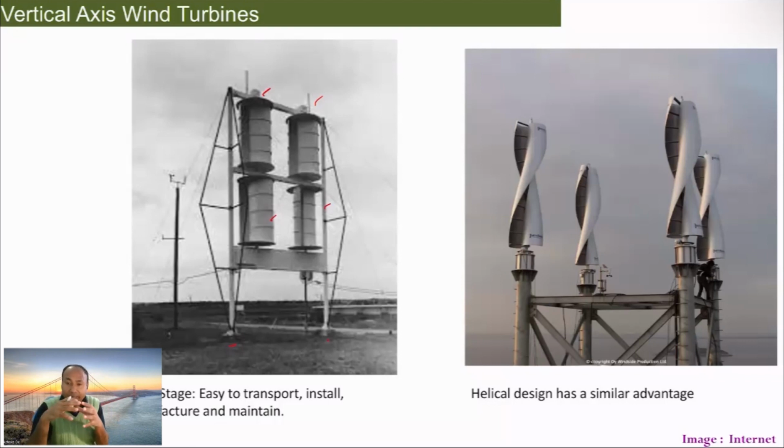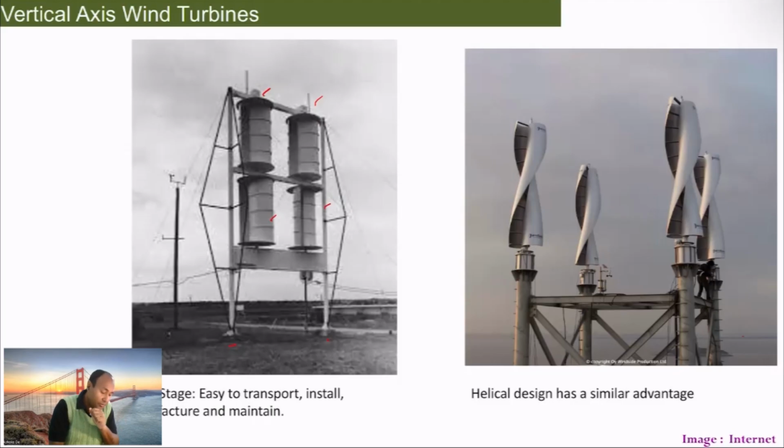The whole idea is kind of similar to putting horizontal axis turbines in a farm. Here, since the vertical axis wind turbines are small in size and portable also, they can be built like that.